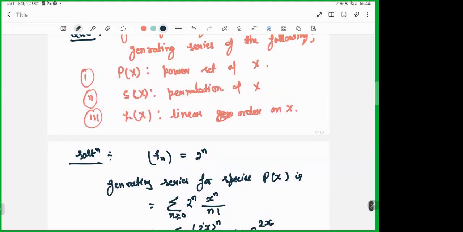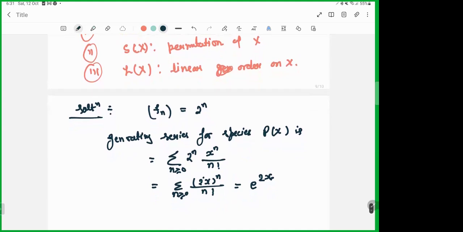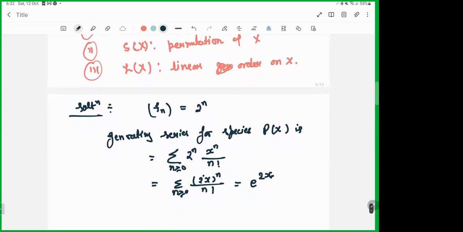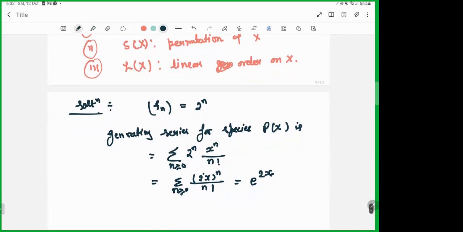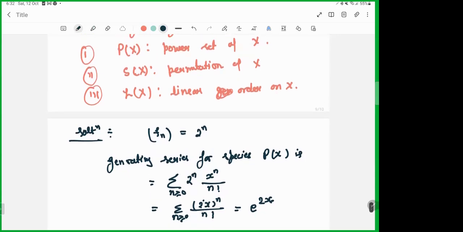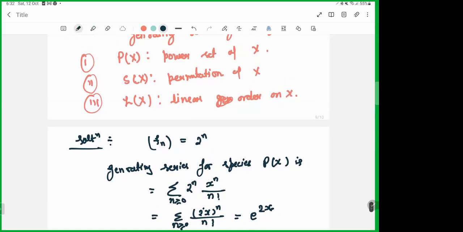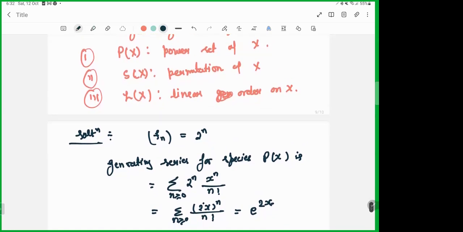By what criteria do we assign the isomorphisms here? What do you mean by that? The equivalence classes. Here two sets are said to be equivalent if there is a bijection.